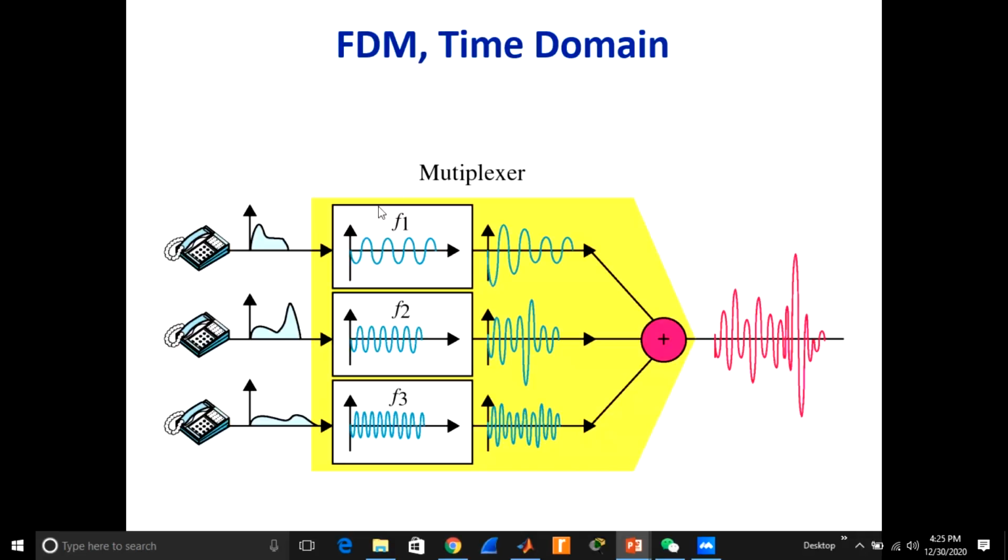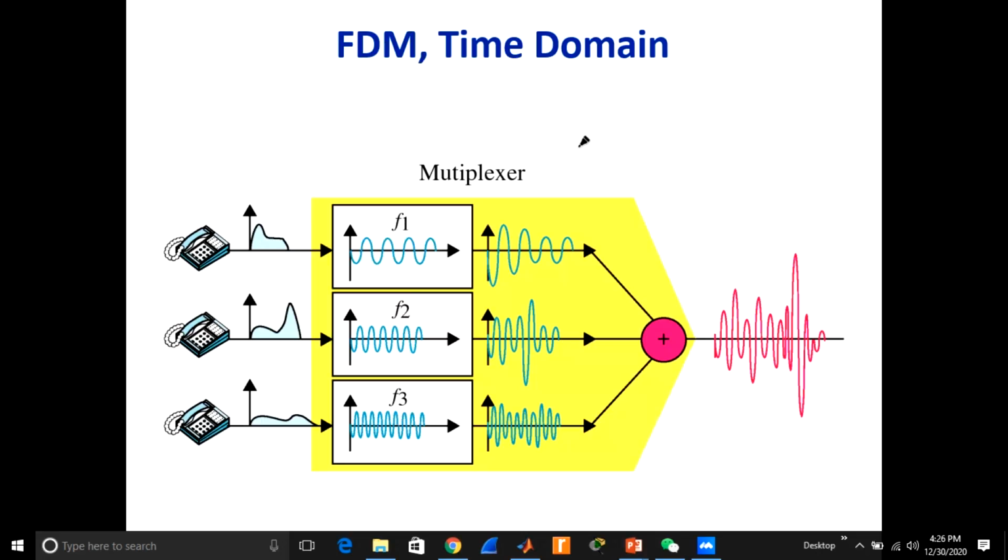In the time domain, this is our signal and this is our time. This is a continuous-time carrier signal whose frequency is f1, and this is another signal whose frequency is f2, and this is another carrier signal f3. When we modulate them, we multiply them.